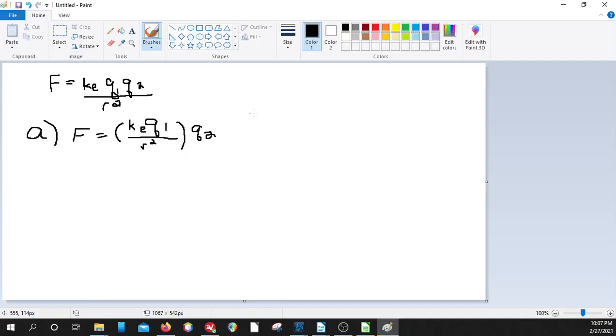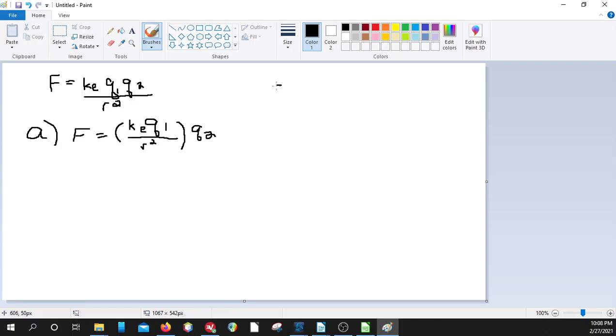So we're going to do two experiments on this website. The first thing we're going to do, part A, is vary one of the charges. I wrote it here, this is just Coulomb's law, but written in a particular way. We're going to fix everything except for one of the charges. We're going to vary one charge and then measure the force.